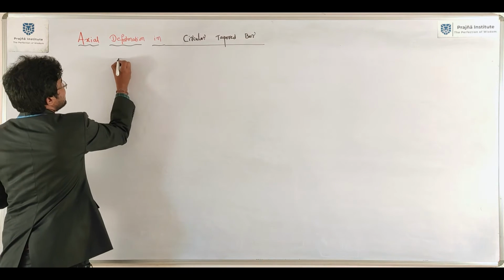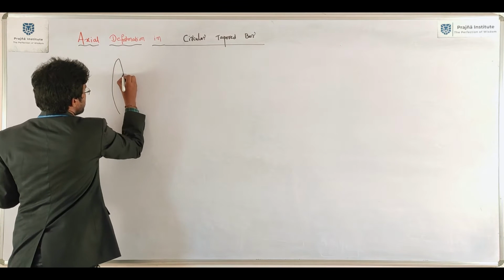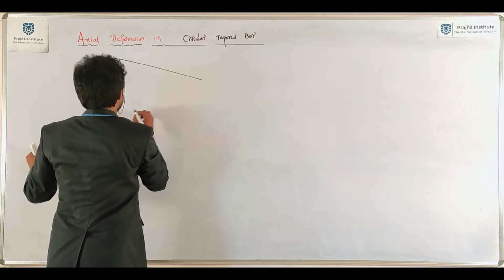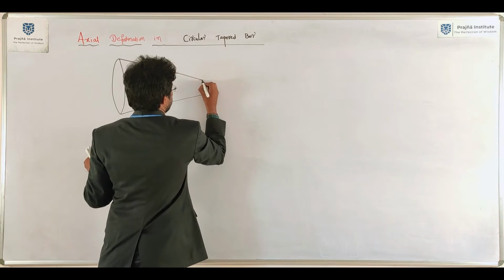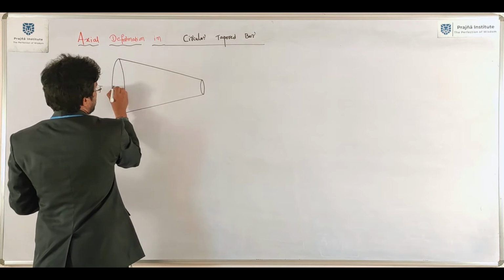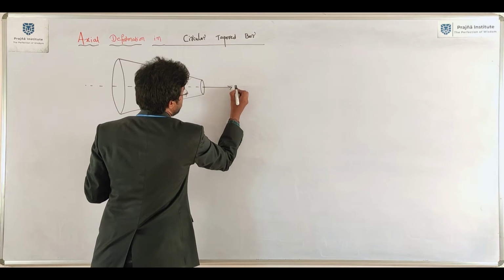That means it is circular in cross section and tapered. It is subjected under P.